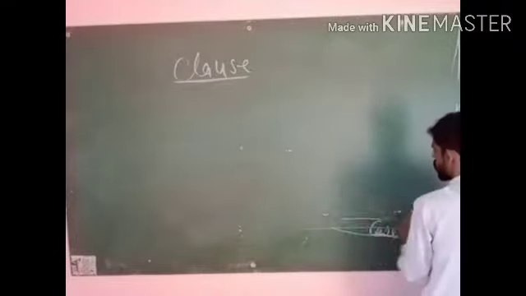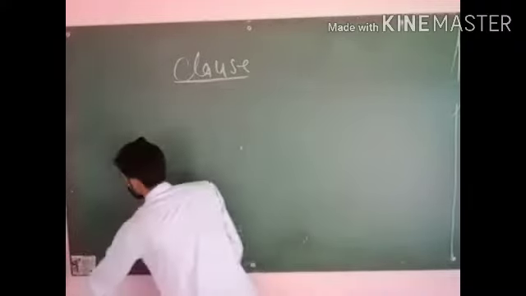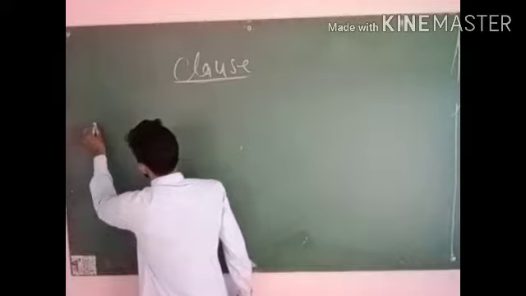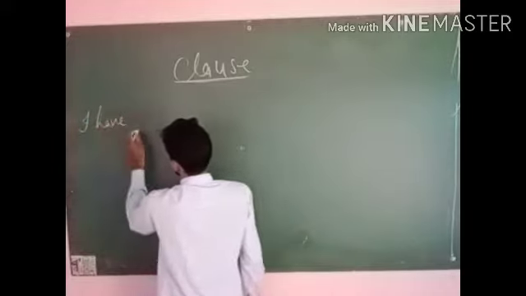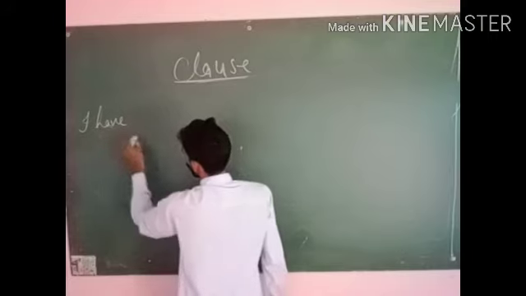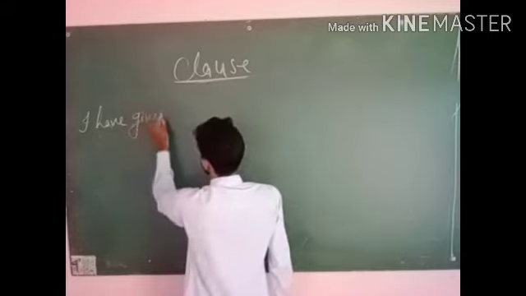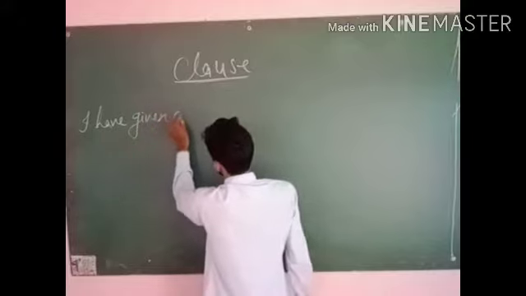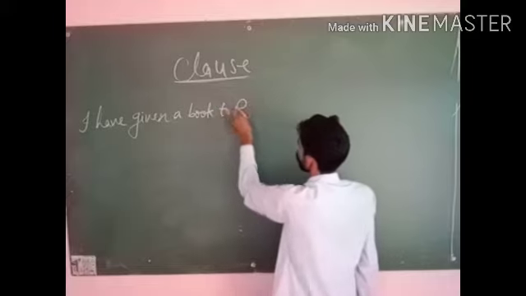Now see the next sentence. I have given a book to Raj.